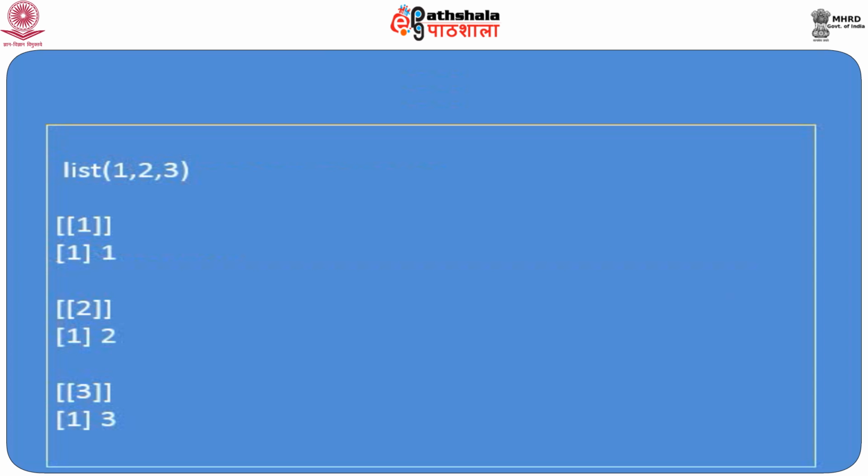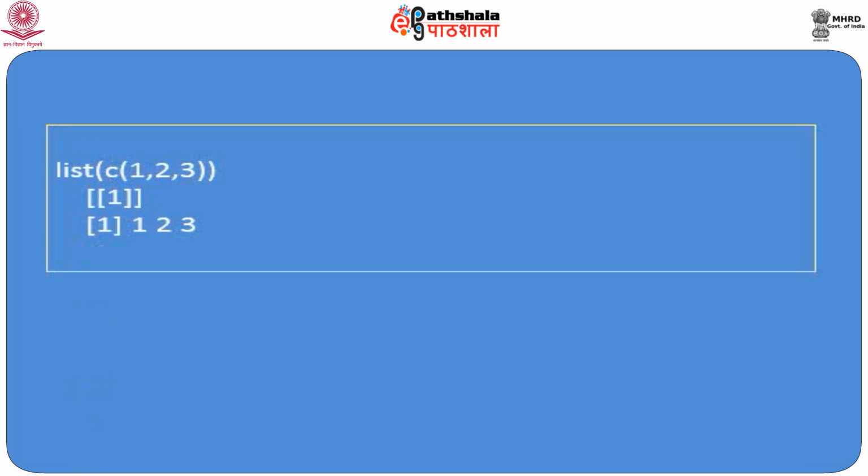Actually, it can contain anything. Just have a list with 3 elements, and here we are creating this using the list function. The next one is the single element list, where the only element is a vector 1, 2, 3.